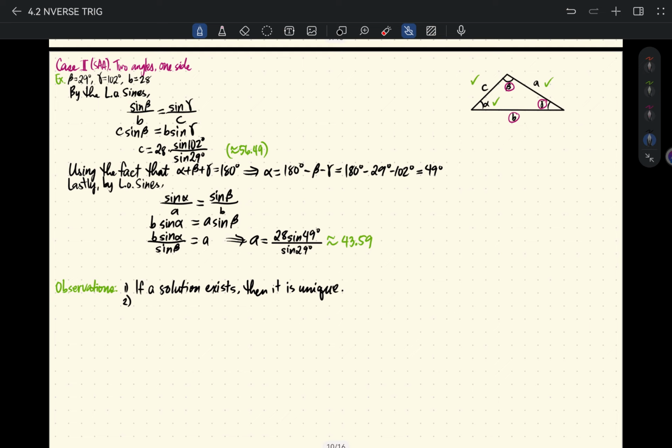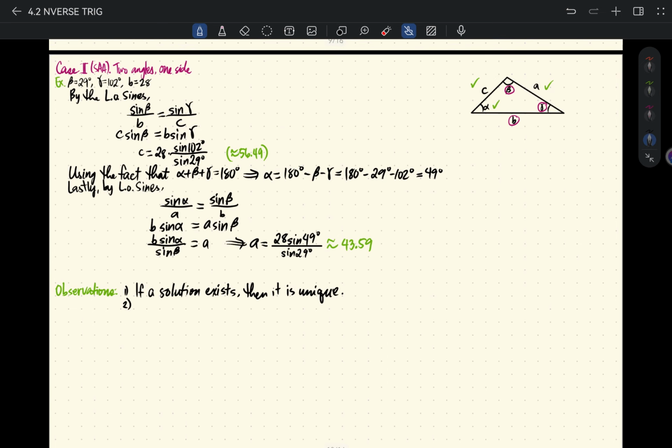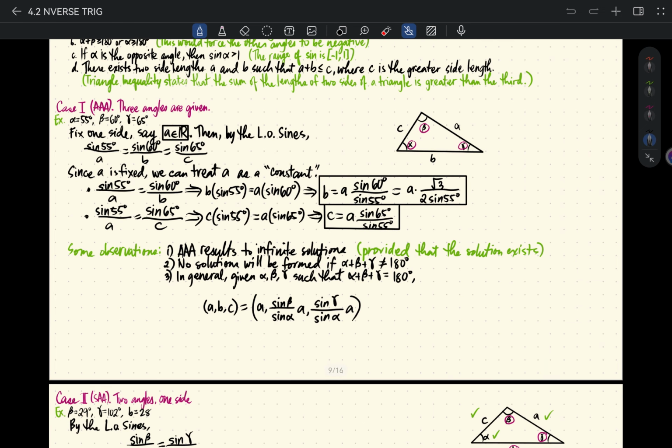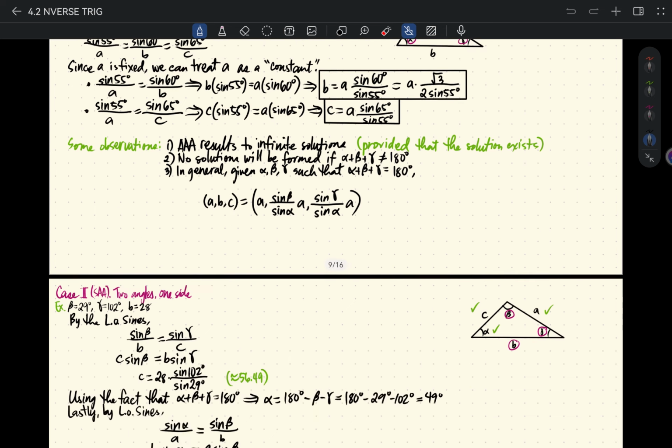And so, we can say that if beta plus gamma is already greater than or equal to 180 degrees, then a solution does not exist. Okay? So for the case of SAA, unlike AAA, because in AAA you have infinite solutions, that is if the solution exists.